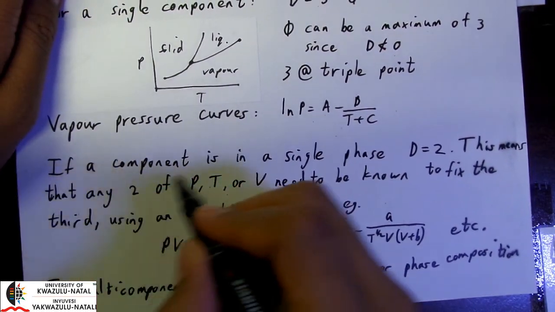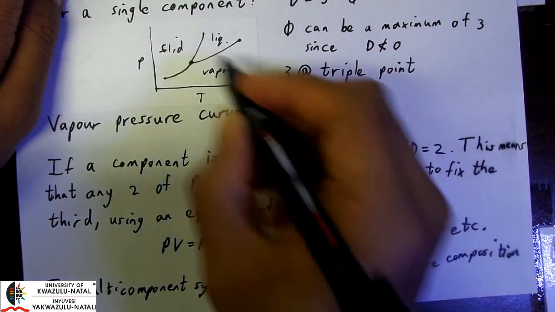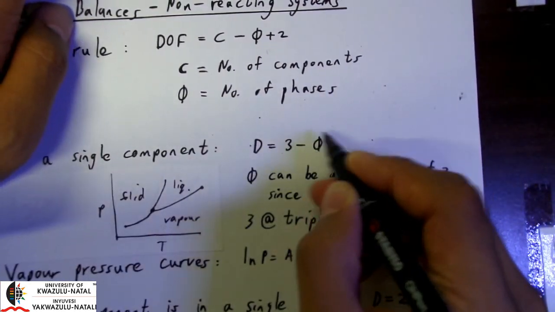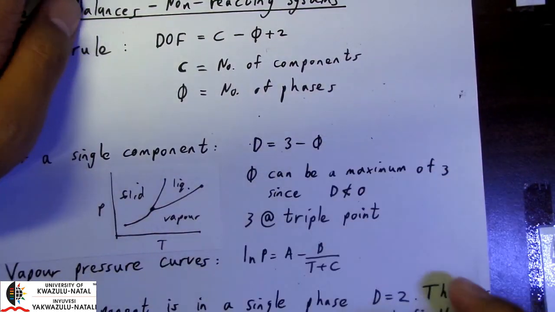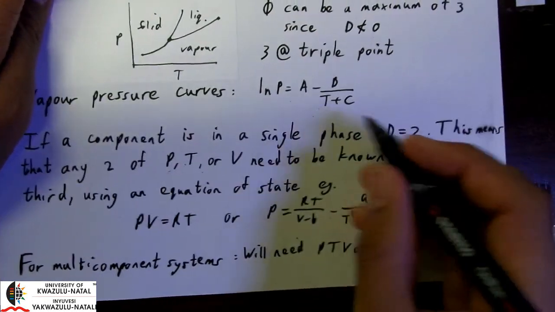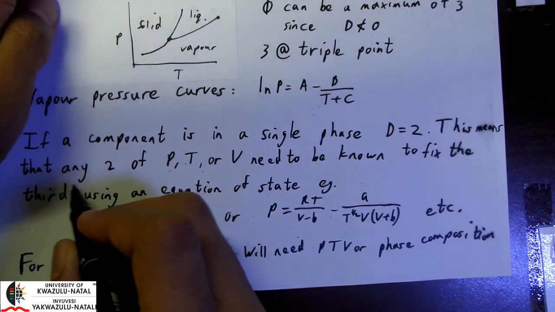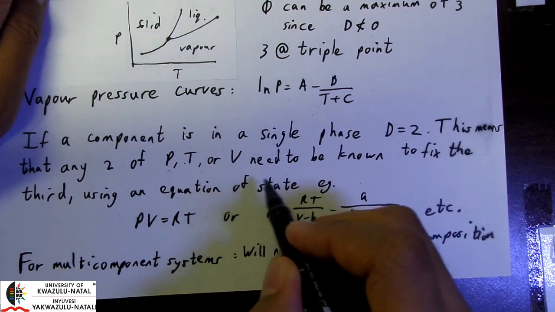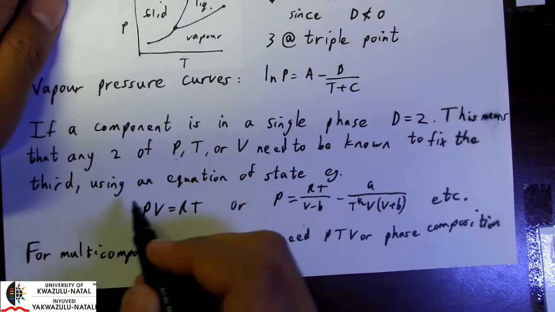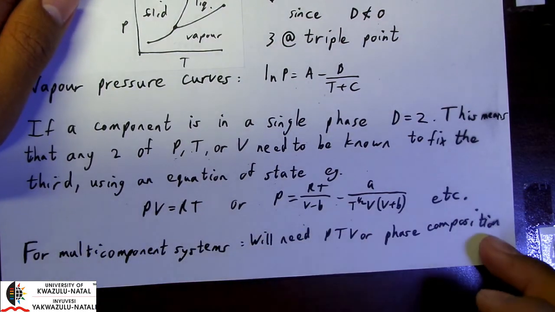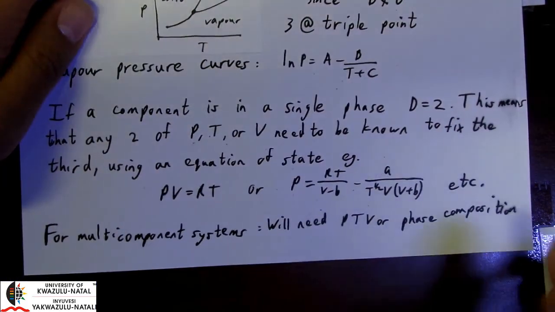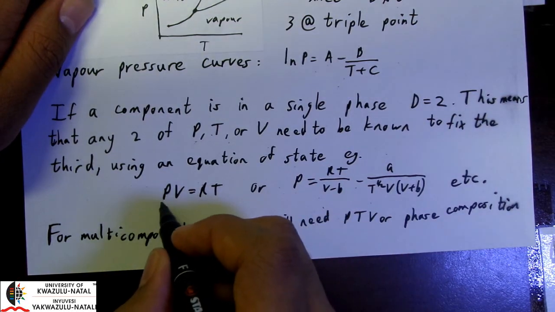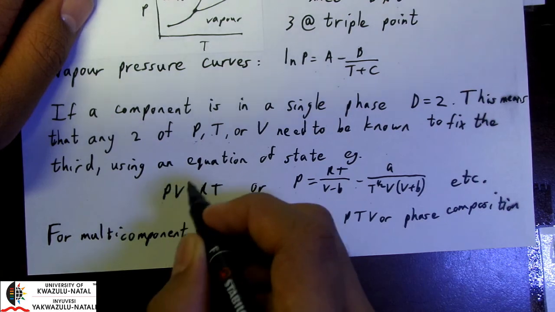Okay, and note that if a component is in a single phase, in other words not at the triple point, then with the phase being 1, our degree of freedom will be 2. This means that any 2 of pressure, temperature or volume will need to be known in order to fix the third, typically using an equation of state. So if we consider, for example, the ideal gas equation, if we know pressure and temperature, we can calculate volume.